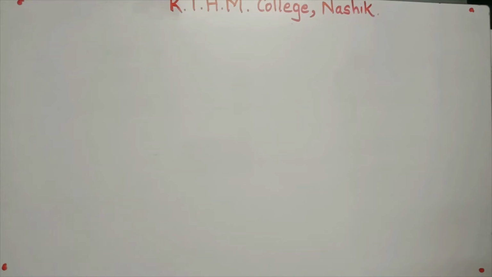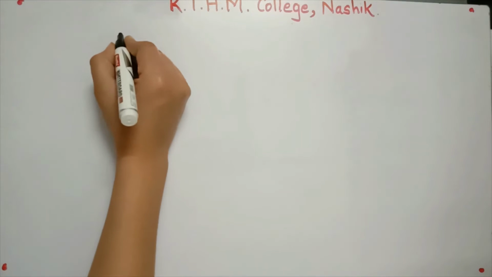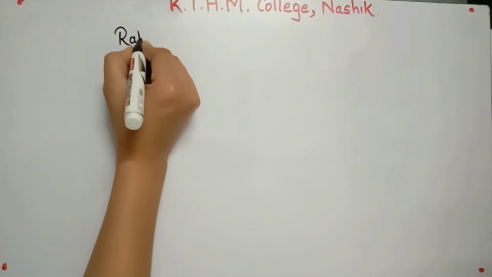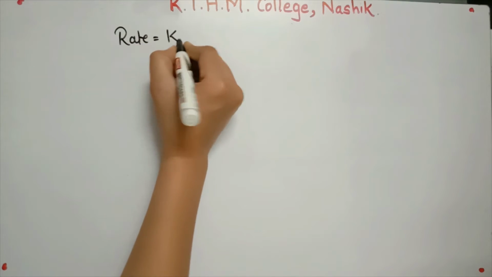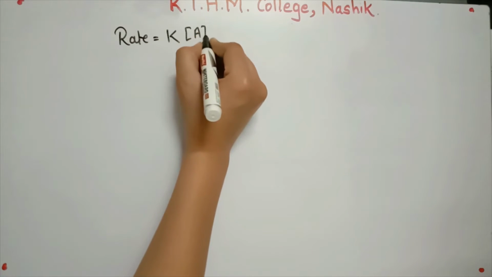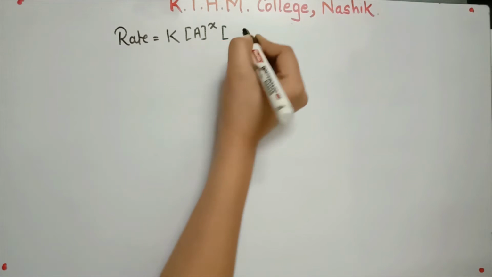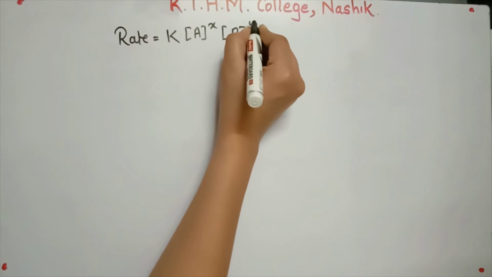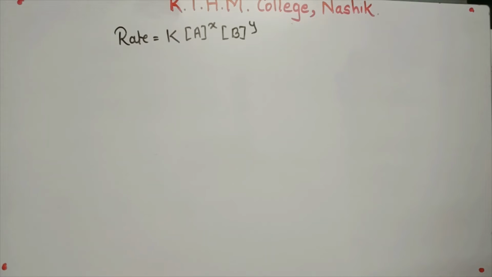The next we will see the units. So now we know that rate is equal to K concentration of A raised to X, concentration of B raised to Y. Okay.